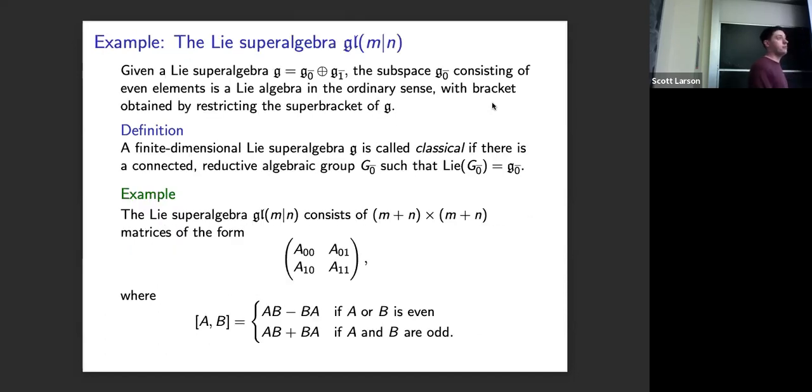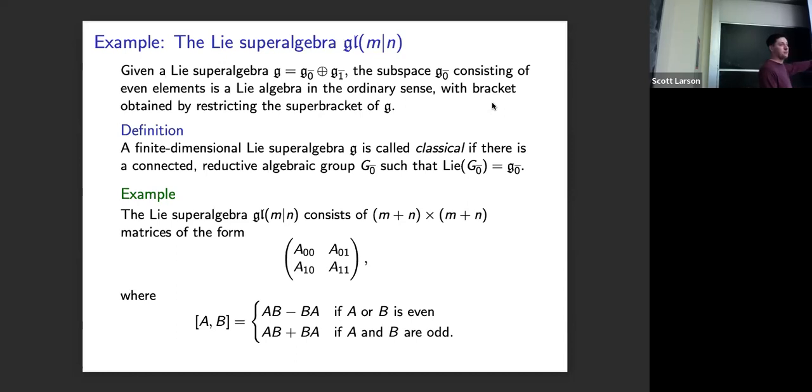So I put an example here. If you've ever seen Lie superalgebras before, probably the first example that you saw was gl(m|n), this type A situation. gl(m|n) is the Lie superalgebra whose elements consist of these m plus n by m plus n matrices, and they have this block form.